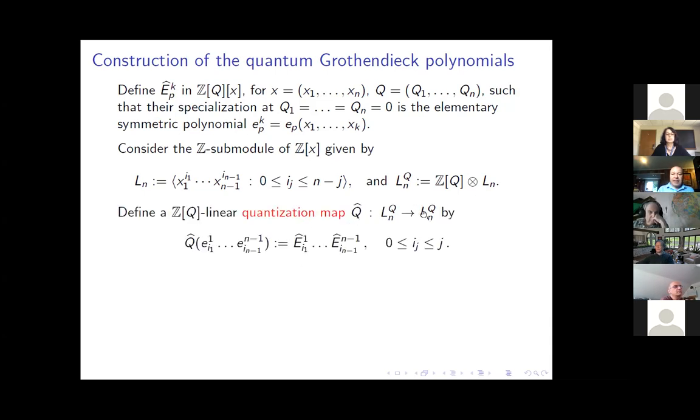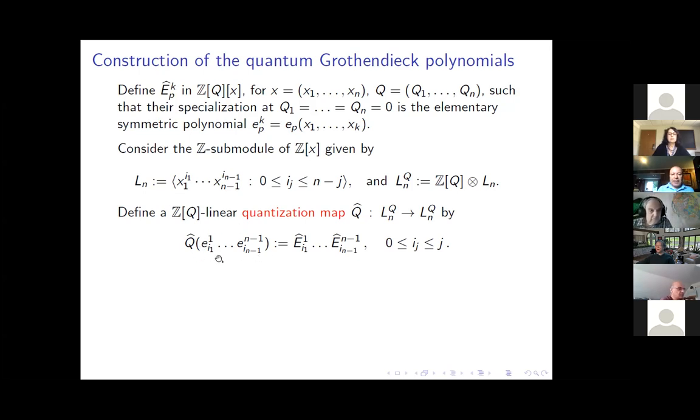And on this space, we define a so-called quantization map, Q hat. This space turns out, besides these monomials, to have a basis of standard elementary monomials, with similar indices i, j of the corresponding elementary symmetric polynomials.